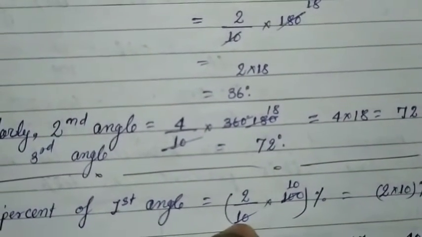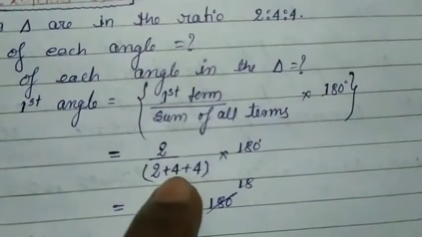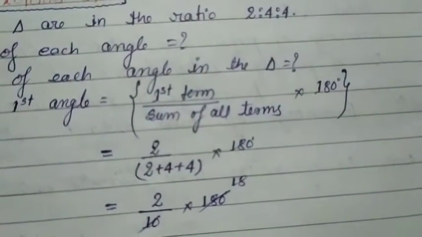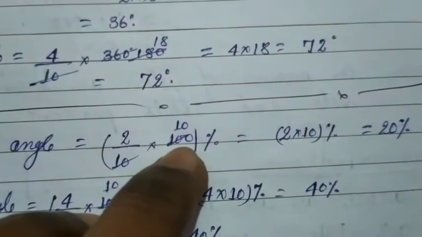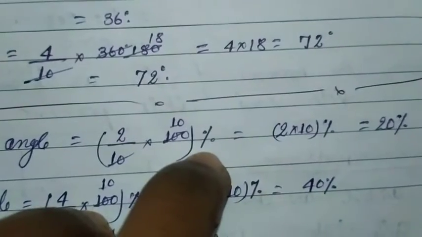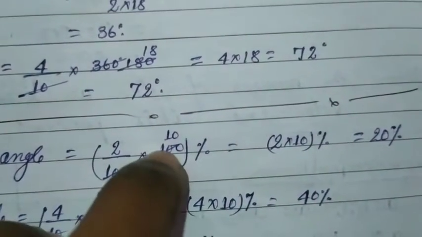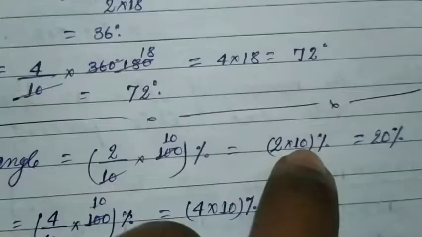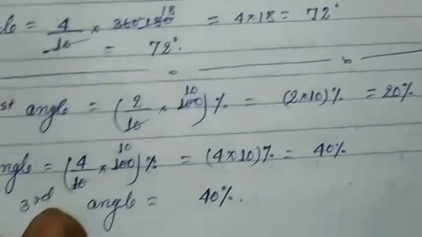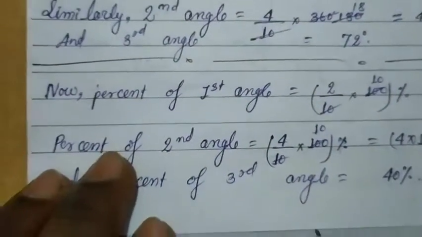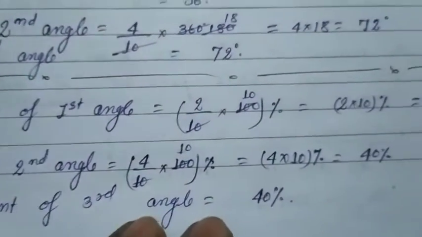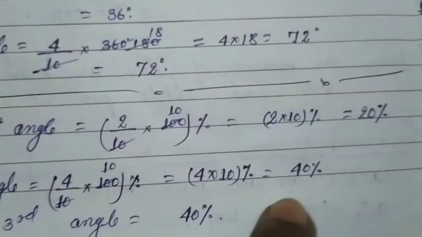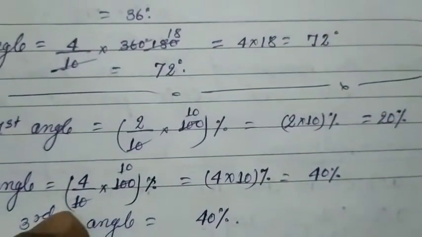That is 2 plus 4 plus 4, so it will be 10, into 100, then add the sign of percent. It will be cancelled by 10, ten tens are 100, so 10 twos is 20, so it is 20%. Just like that, the percent of the second angle and the percent of the third angle can be evaluated. Both are the same, so both are 40%.